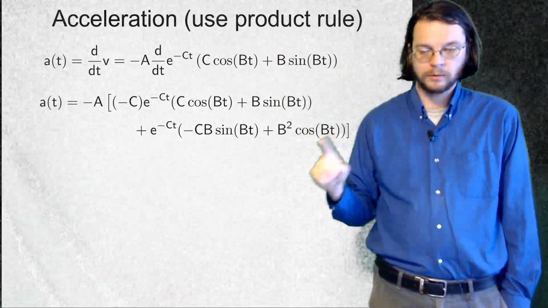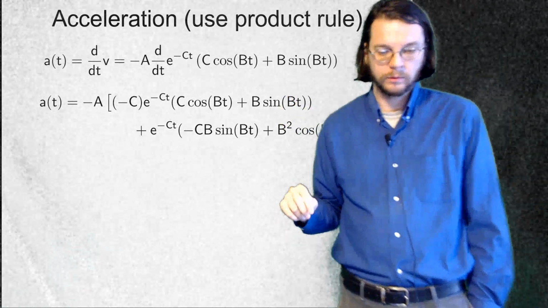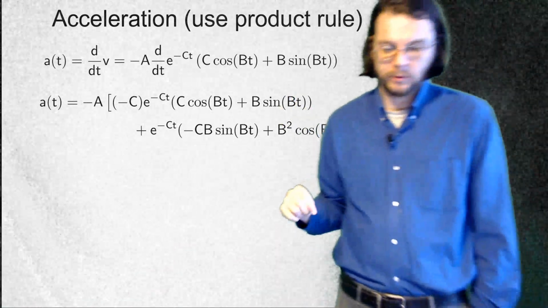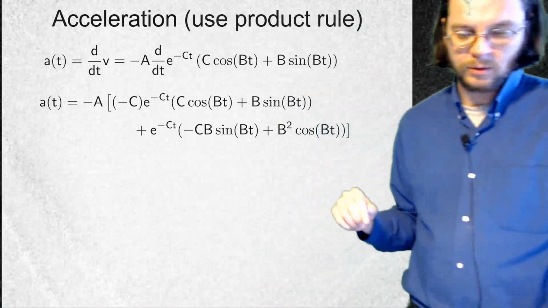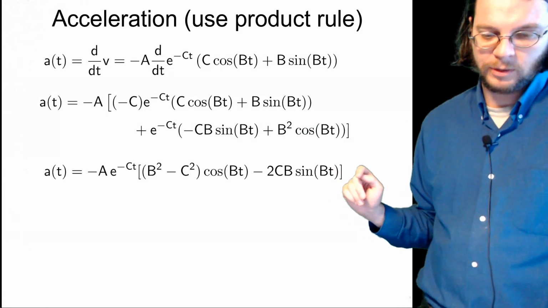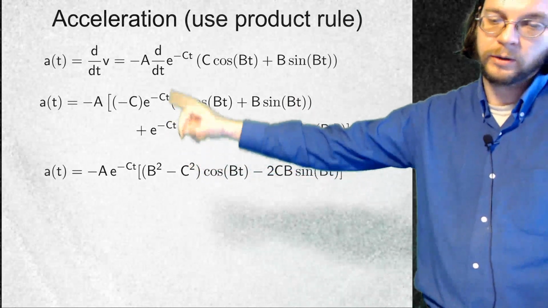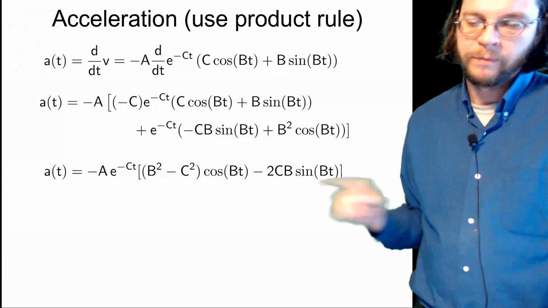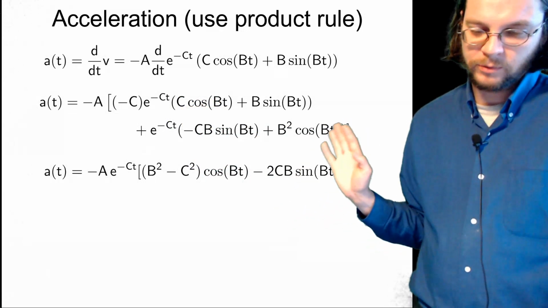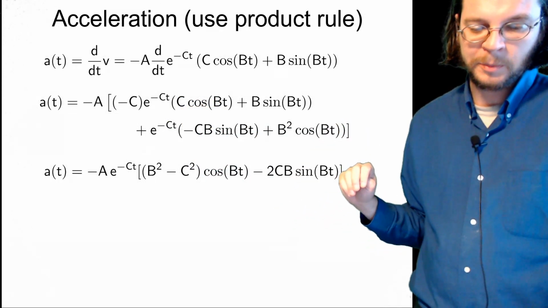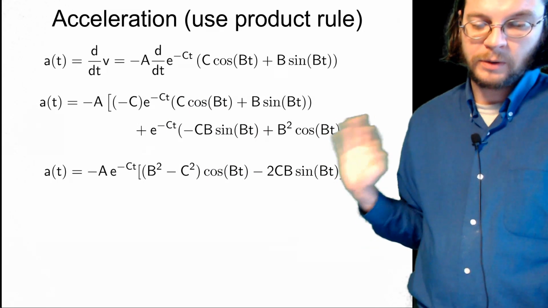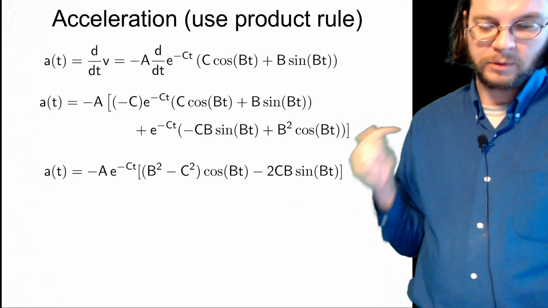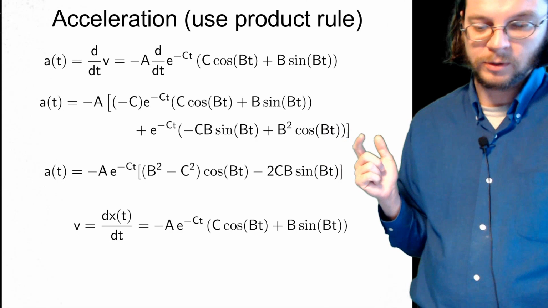And the b comes out because of the chain rule. So this is what we get for the acceleration. We might be able to simplify this slightly to that, because I can factor out the exponentials again. Now we have this, and unfortunately, it doesn't factor any better than that, but that's what we get. So now we have the position, the velocity, and the acceleration. We can put this stuff together.